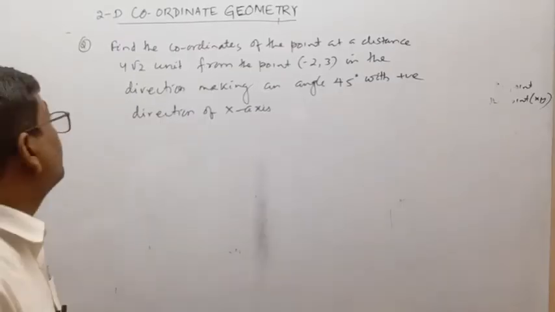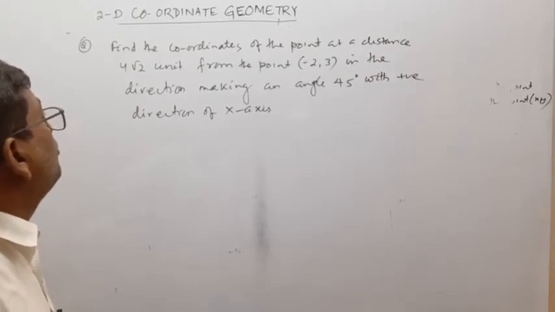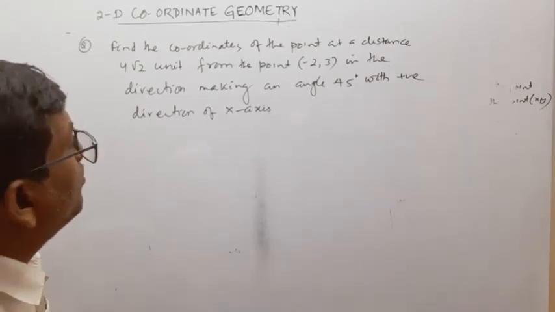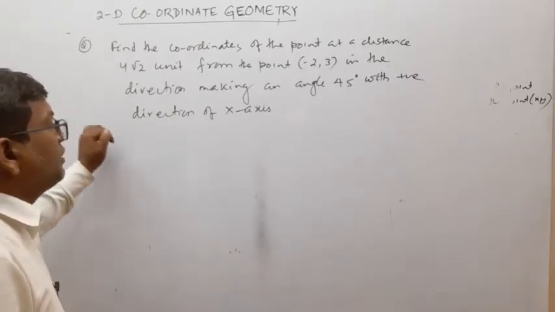Example: find the coordinate of the point at a distance 4√2 unit from the point -2, 3 in the direction of an angle 45 degree with positive direction of x-axis.